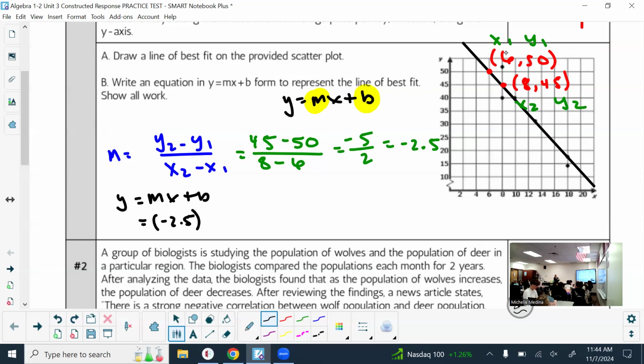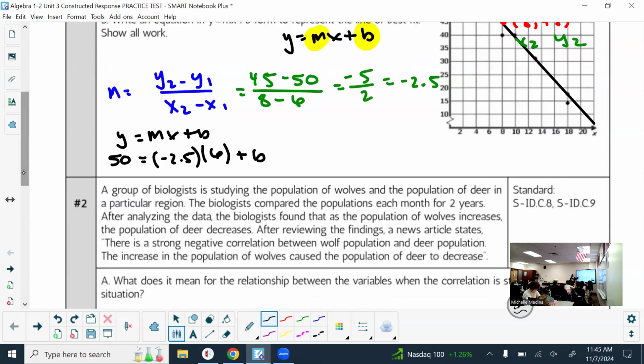The x and y can come from one of these that you wrote. So I'll pick this one. My y would be 50. My x would be 6. All I did was plug it into y equals mx plus b. When you only have one variable to account for, then you can actually find the value of that variable.